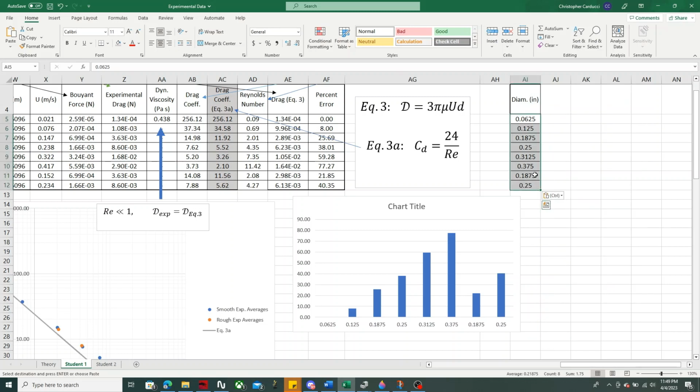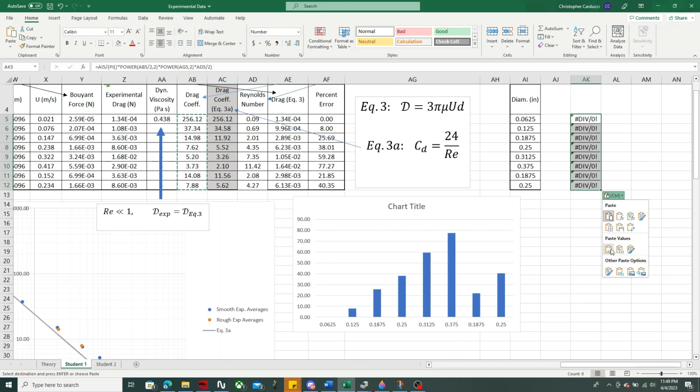Now when you paste just the values, it won't copy all the different equations. So this is really helpful if, say, I only want the values. You could change that to just pasting the values instead of having to retype it in. Really, really helpful.